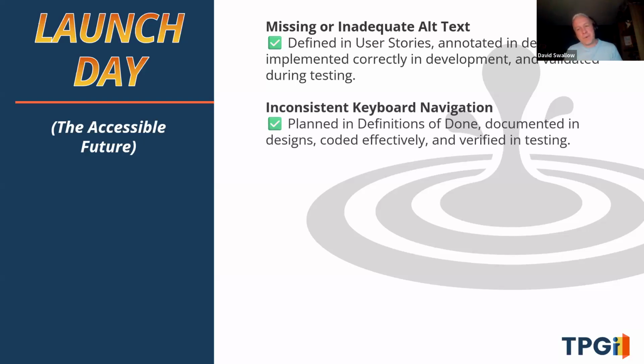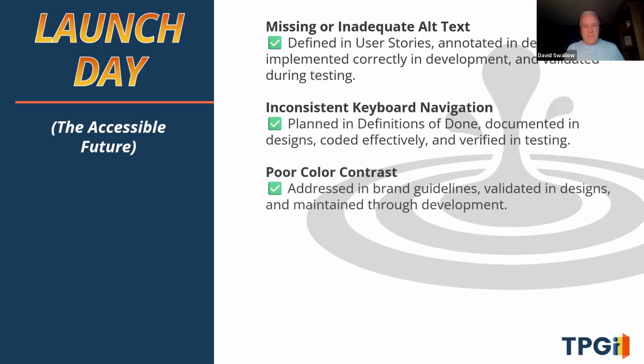It was coded to support consistent navigation and tested with keyboard-only workflows. Poor color contrast was integrated into brand guidelines with measurable standards. It was checked against designs to ensure readability and validated in development with tools to maintain compliance.